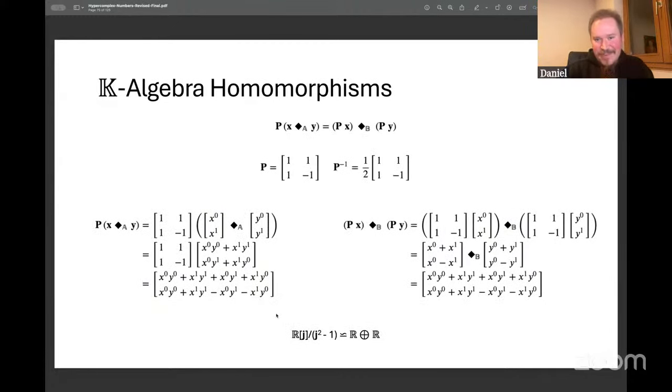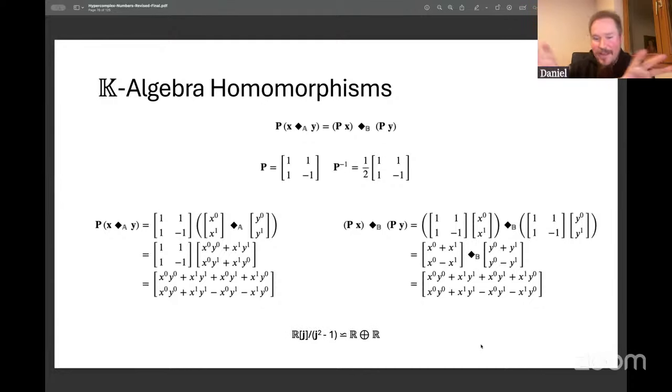However, they turn out to be, and the proof is very simple. By exhibiting this linear transformation P, we can easily verify by simply multiplying things out that indeed, whether we do it in this order or in the other order, we arrive at the same result. And since P is also invertible, it means that the two algebras are in fact isomorphic.